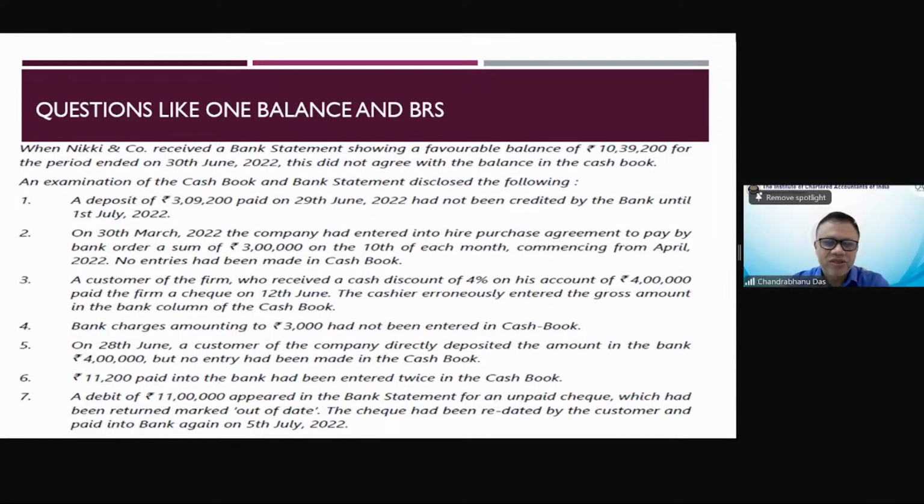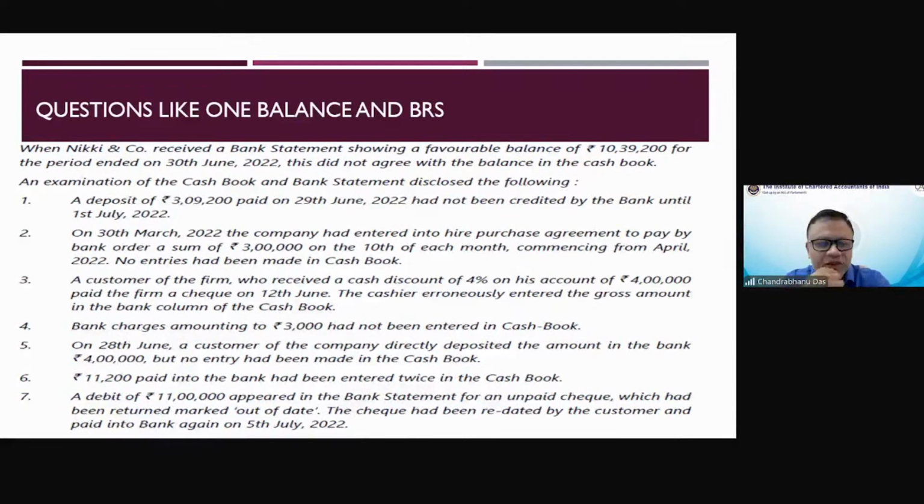So this is the error committed by whom? This error is committed by the cashier. Okay.